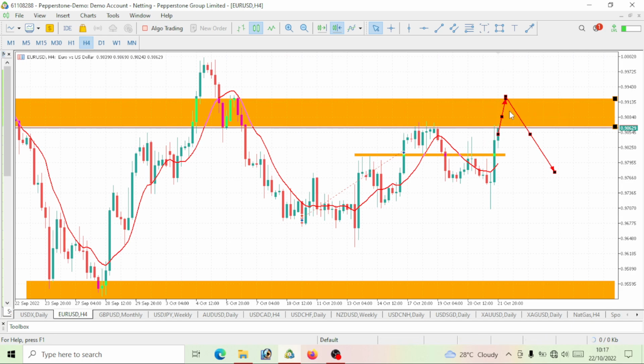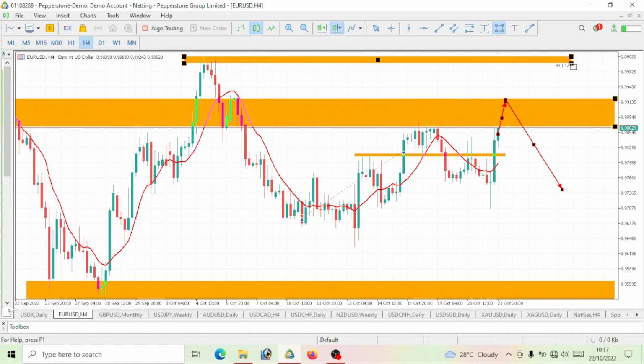That is why there's every possibility price can push up to this level a little bit, which I believe should happen. A little bit of a bullish move should occur, then this bearish move will occur on our Euro USD. And if the price continues to go up, then we would definitely see it reject. If price pushes up further, then we should see it come to this level here, which is 1.00020.